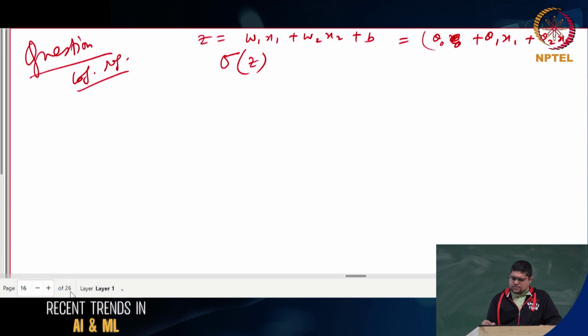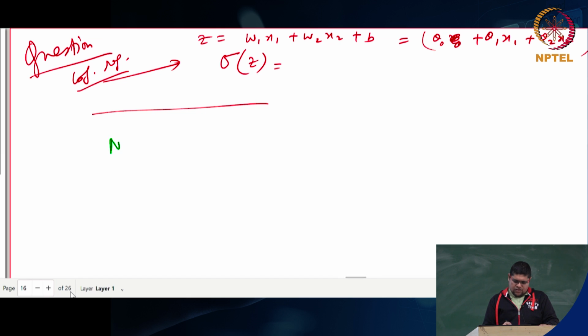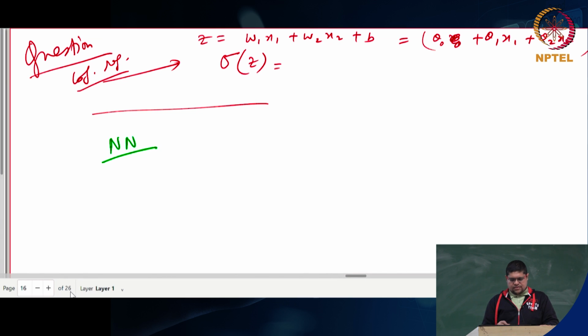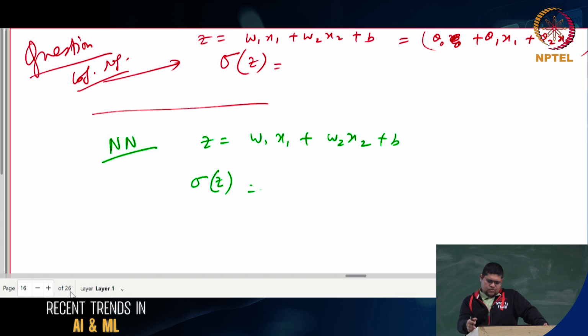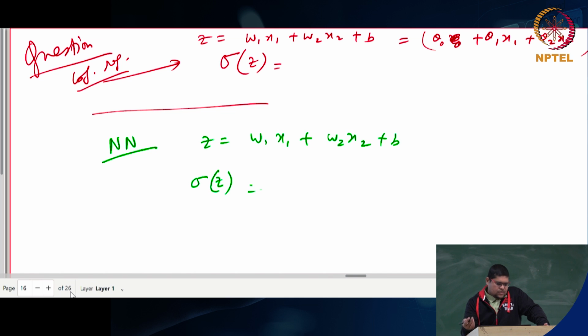Then we fed it in terms of Z and calculated the sigmoid of Z. In the neural network we have seen so far, we have done the same thing, only a few changes, like we took a different loss function. Now the question is, are the logistic regression and the neural network we have seen so far the same?